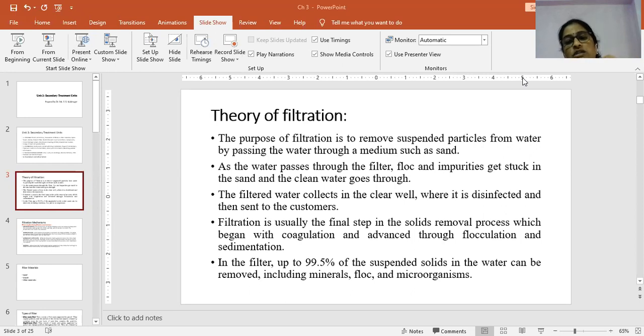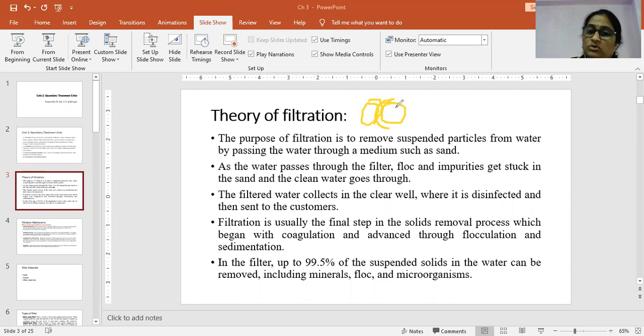Why? Because during the filtration process, we are not taking the help of only the void space present in the sand media, but also on this sand media microbial growth will be observed, and that microbial growth will help us to absorb, to eat the organic impurities which are in dissolved form in the water, which we are not able to remove by simple straining, sedimentation, or coagulation.